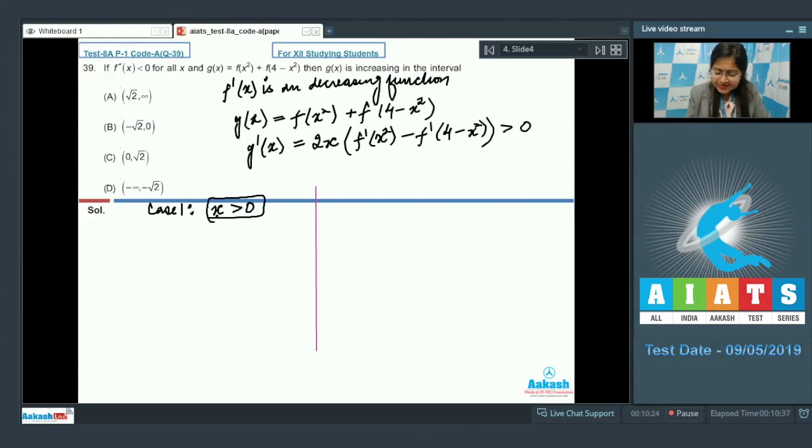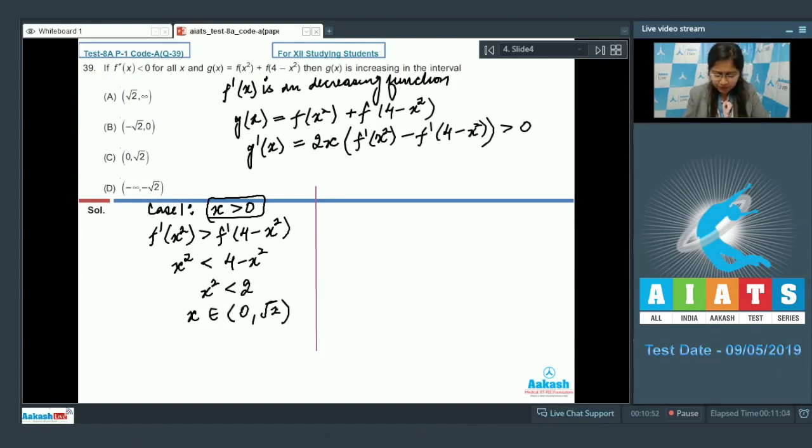Now if x is greater than 0, then f dash x square should also be greater than f dash 4 minus x square. Now as f dash x is a decreasing function, x square should be less than 4 minus x square, which means that 2x square is less than 4, that is x square less than 2. Now as x is greater than 0, we can say that x will belong from 0 to root 2.